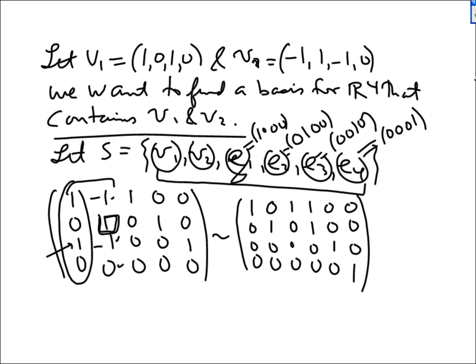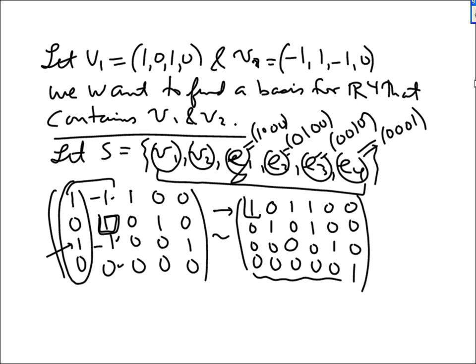This is what you get. Okay? And now it all comes together. Which are the rows that have a leading 1? First of all, make sure that you agree that this matrix is in reduced row echelon form.